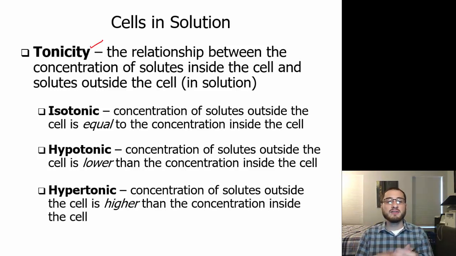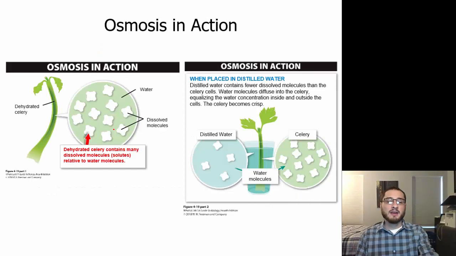So you have the isotonic, which is balanced or equal, and then you have the hypotonic, where the concentration of the solutes outside the cell is lower than the concentration on the inside of the cell. So then the water is going to try to make up for it, and you're going to see that flow, as opposed to hypertonic, where the concentration of the solutes outside of the cell is higher and the water is going to rush out.